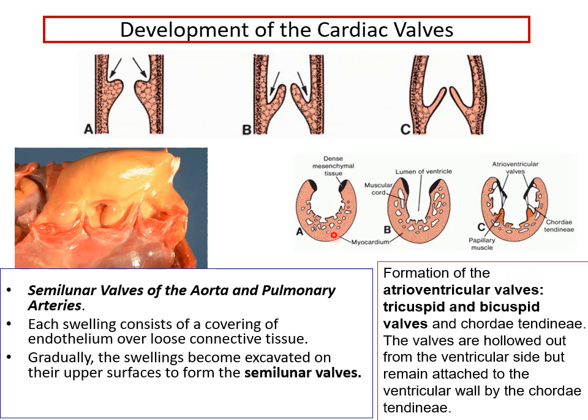For the atrioventricular valves, the mechanism is similar, but as they get hollowed out, they remain tethered by the chordae tendineae, attached to the ventricular wall or papillary muscles. So they are basically being hollowed out from endothelium.